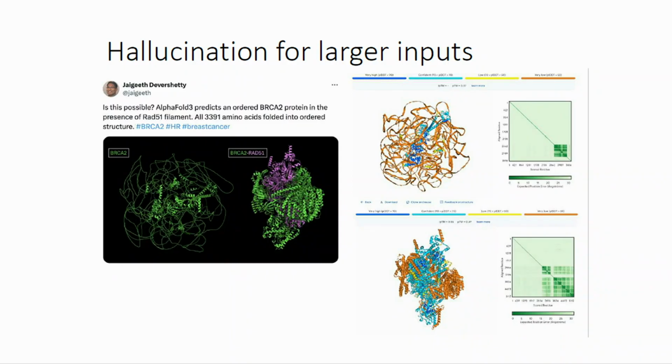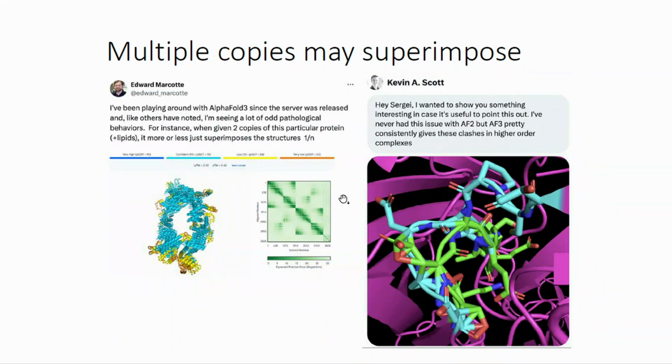In the original AlphaFold, if you don't regularize by clash loss, it will try to not push things out. But here it will always try to pack things together, and also we have some issue of symmetry breaking.